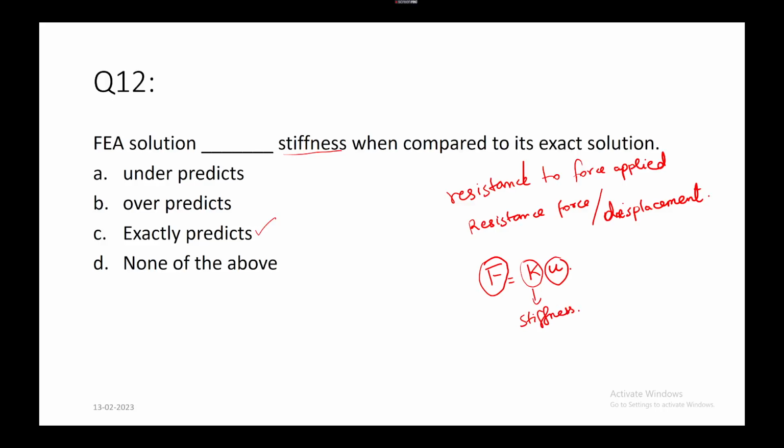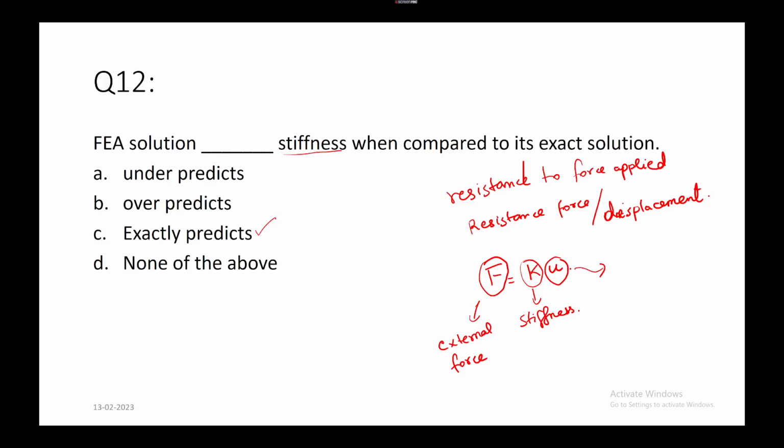But does the FEA predicted stiffness, is it the same as the real stiffness of the system, or is it under predicting or over predicting? Given that your force is going to be some external force, let us say this is not going to change, let us come to KU. So what about displacement? Does Abaqus under predict the displacement or over predict the displacement?